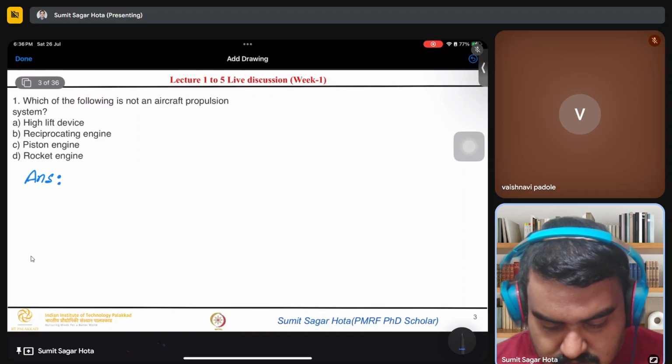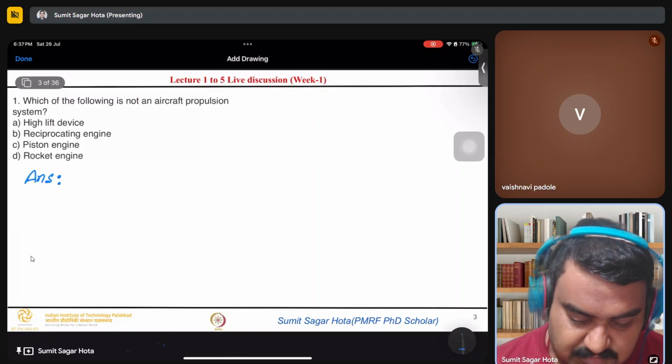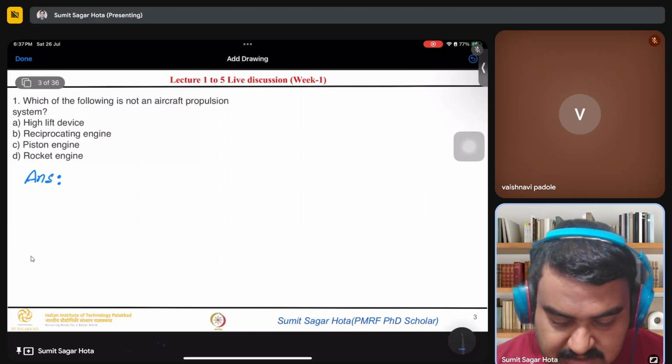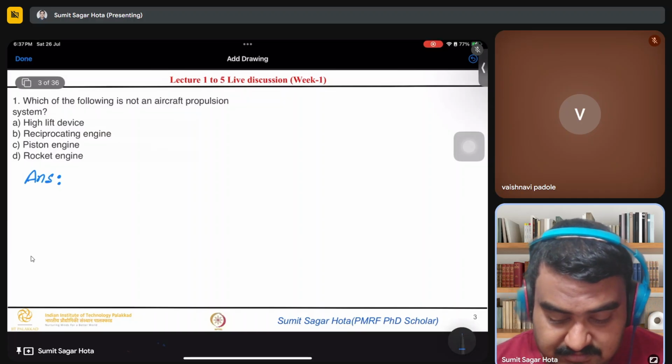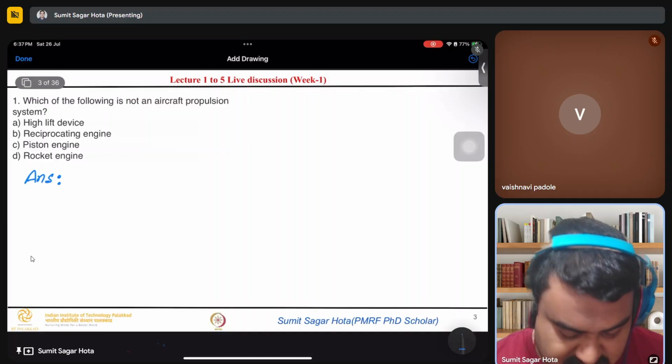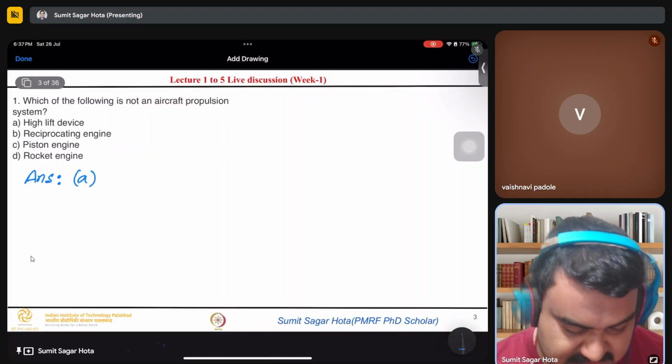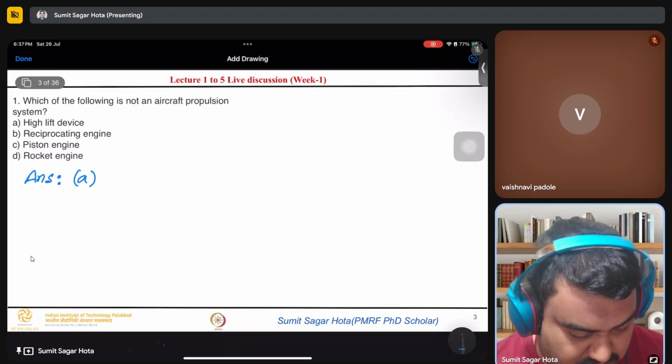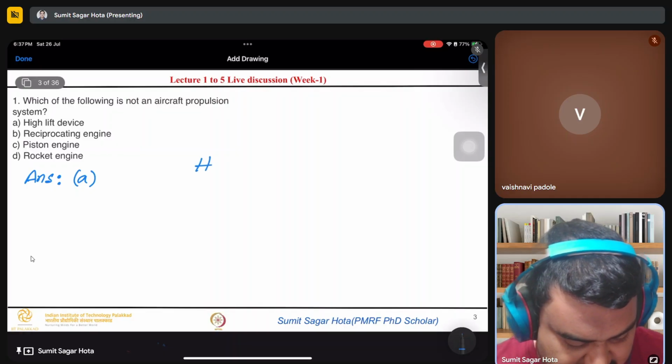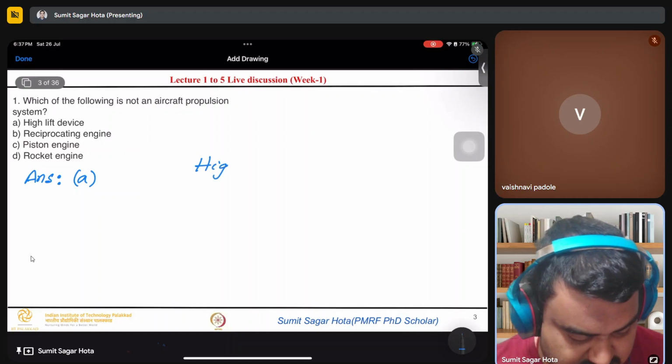If you see reciprocating engine, piston engine, rocket engine, all these are kinds of aircraft propulsion systems, but there is no such thing as a high lift device. So we should know what exactly this high lift device means.